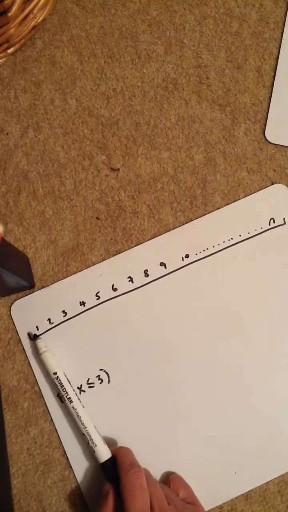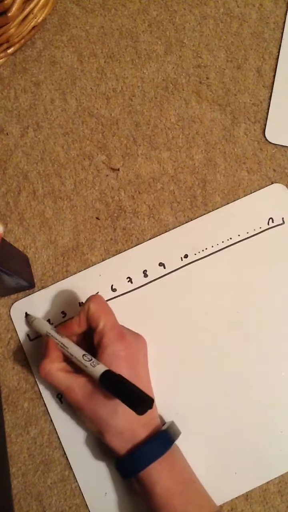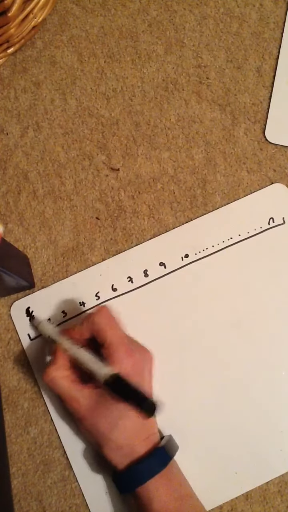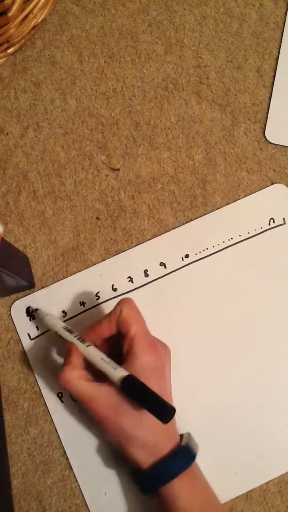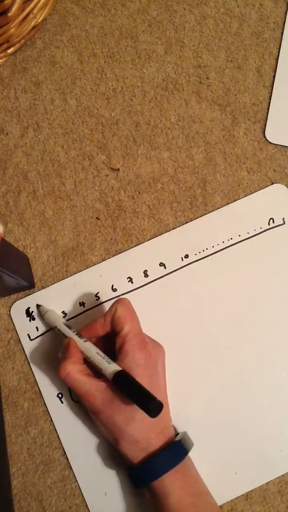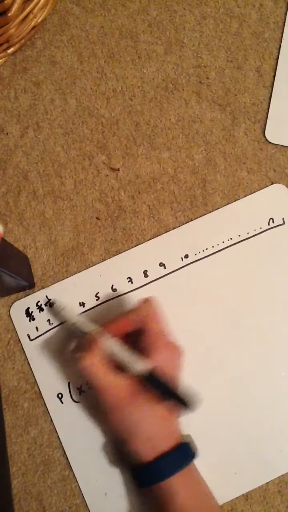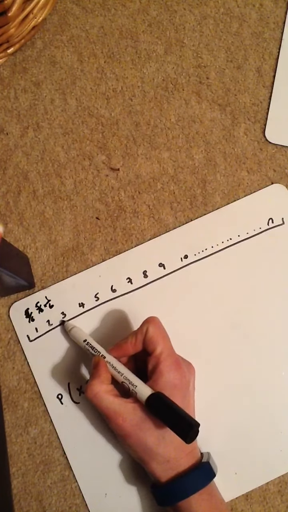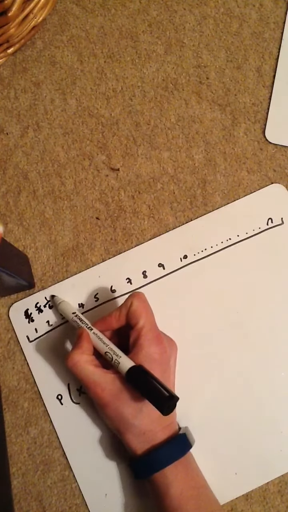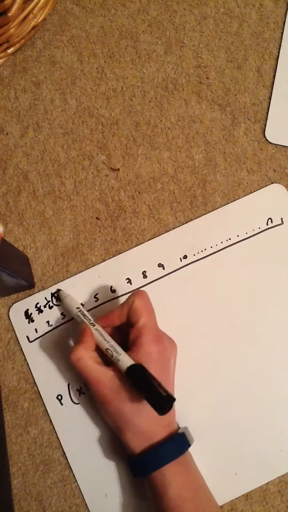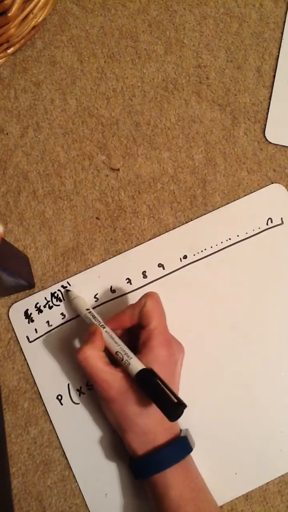So the probability of rolling it on the first attempt would be 1/6. Probability of rolling it on the second attempt, so that's failure, so that's 5/6 times 1/6. The probability that I roll it on the third attempt would be 2 failures, so that's 5/6 times 5/6, so that's 5/6 squared, times 1/6.